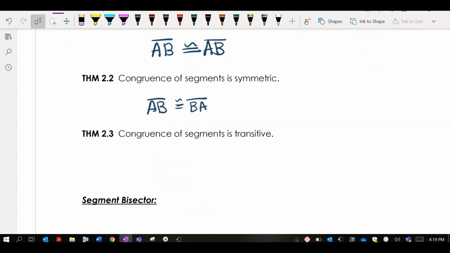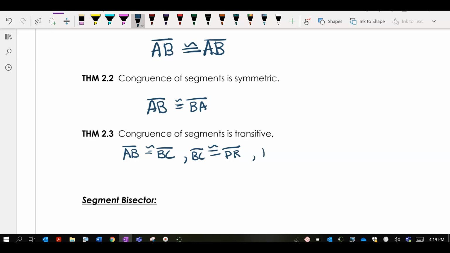The next one is congruent segments are transitive. This one here is going to be segment AB is congruent to segment BC. And then we have here segment BC is congruent, and I forgot my squiggle, to segment PR.